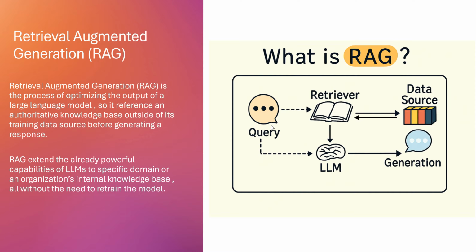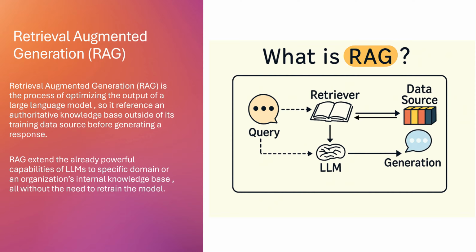Let me take one more example. Let's suppose you're working in an organization that has some HR policies and rules and regulations, and you have to implement an LLM there. Whenever a user wants the company policies only, the LLM is trained on large data available on the internet, on web sources.